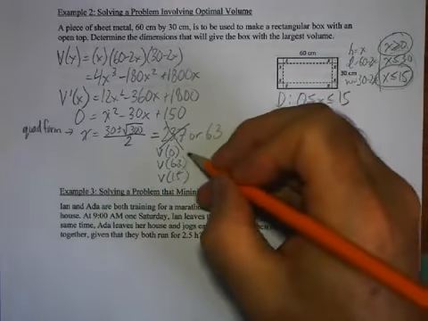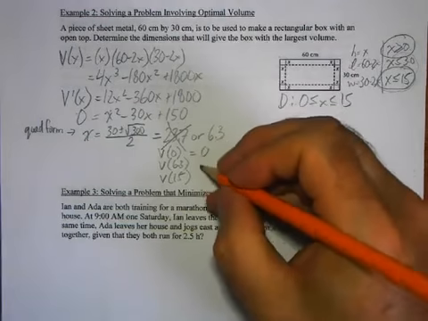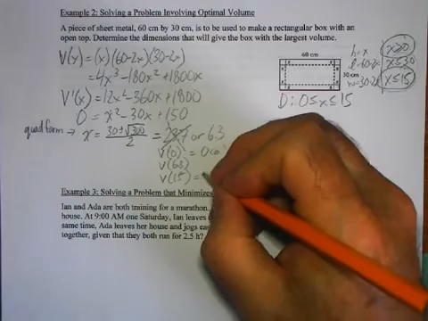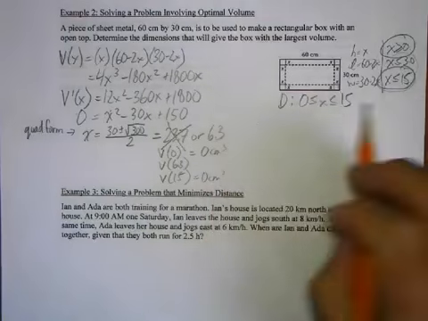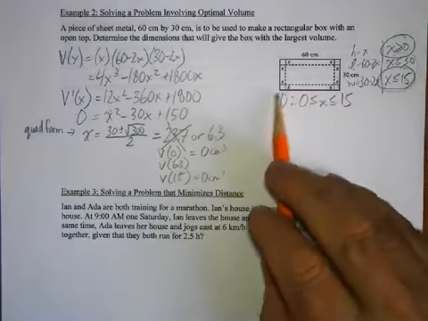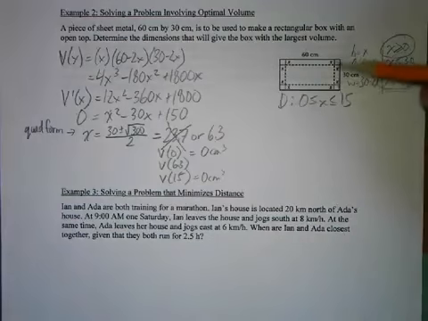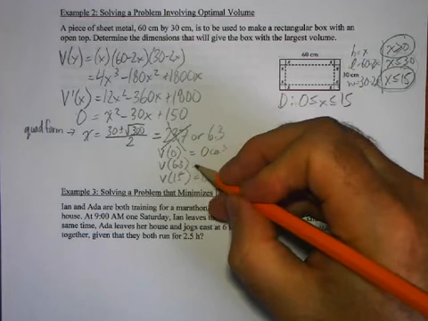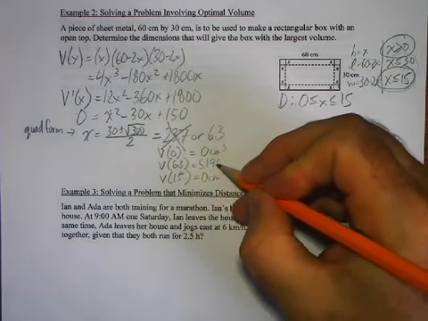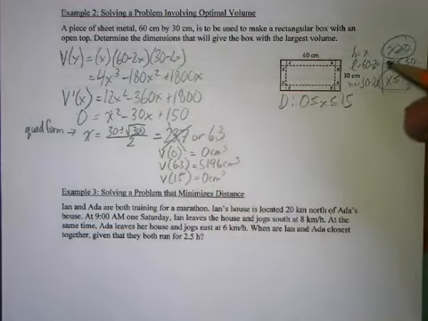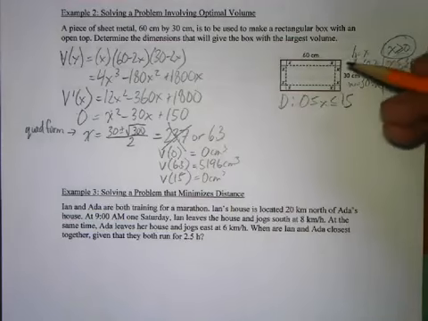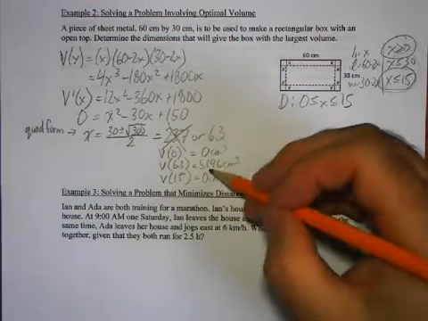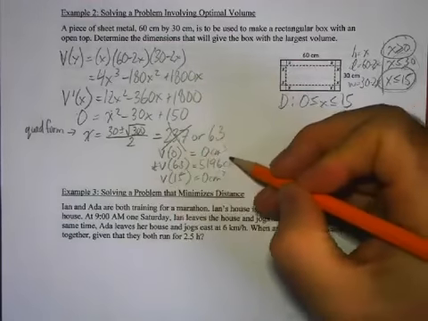When I plug these in, I get 0 cubic centimeters for 0, and also for 15, because it makes this side 0. But if I use 6.3, I get 5196 centimeters cubed. And this one's pretty obvious, just like the last one. What's the largest volume out of these three? Obviously, it's that one.